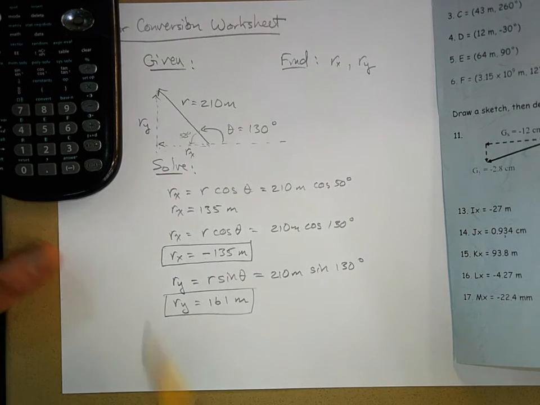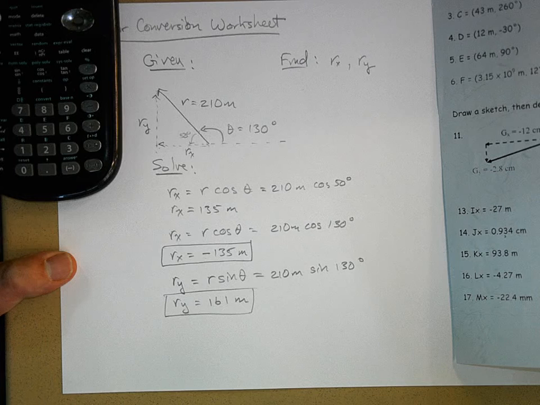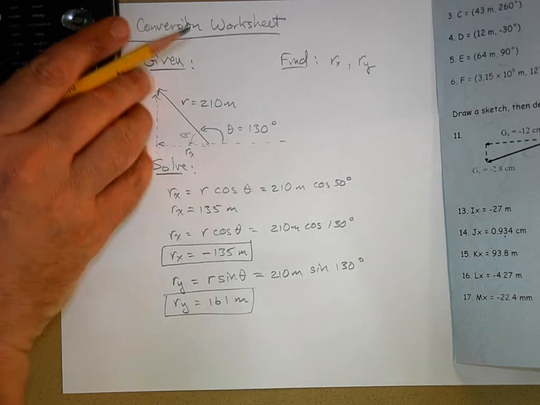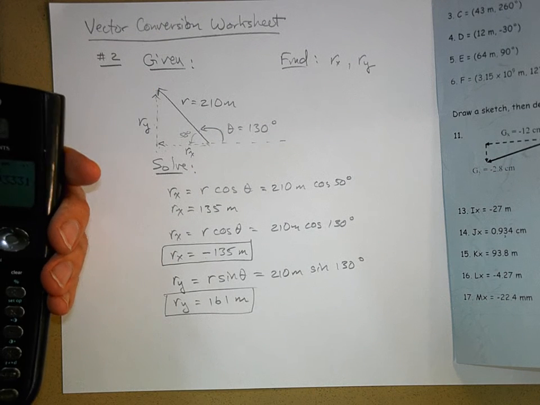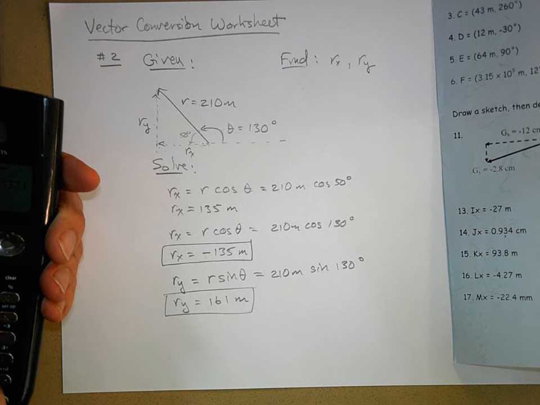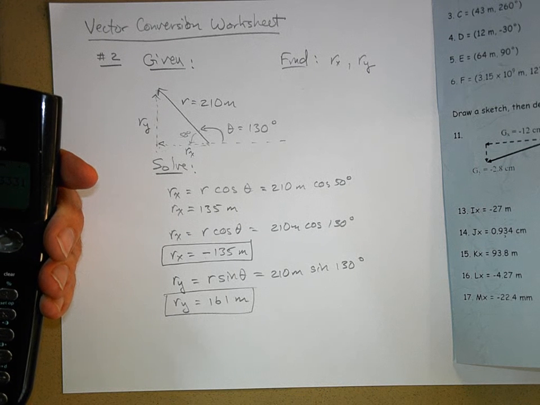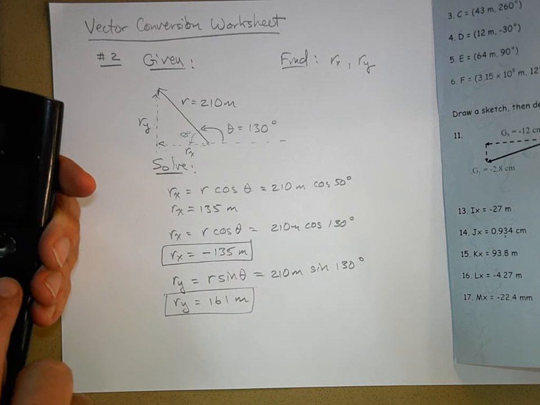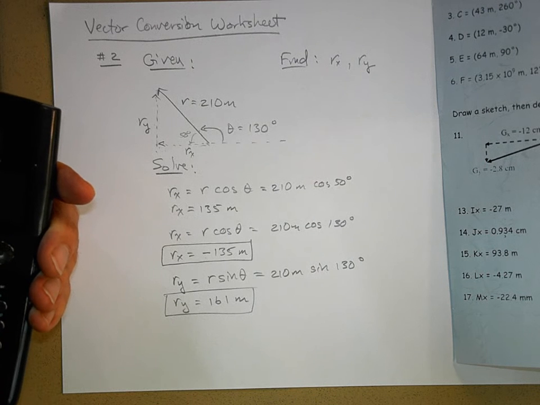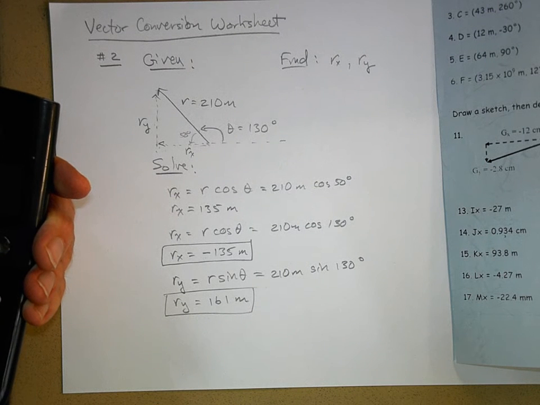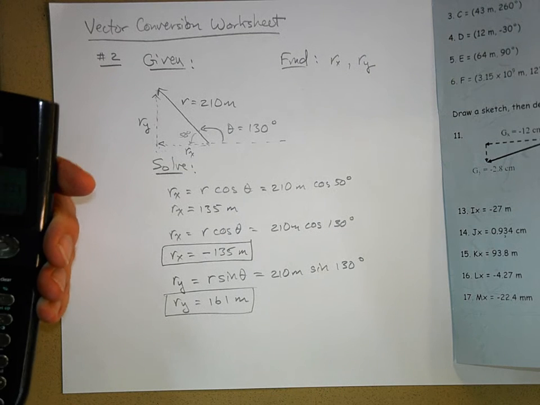Well, you say, wait a minute. What if I use 50 degrees? Well, guess what happens when you go 210 times the sine of 50 degrees. You get the same answer.